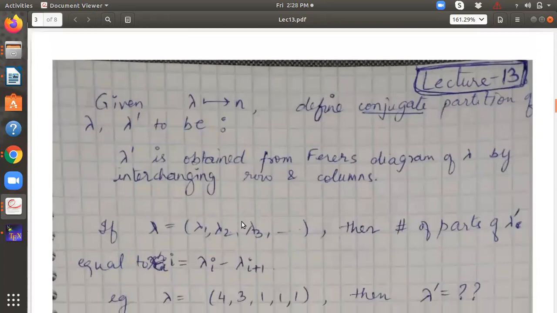So this lambda prime, which you obtain from lambda by reflecting it along the main diagonal, is called the conjugate partition of lambda. Lambda was one partition, and the conjugate partition for this lambda is lambda prime. Lambda prime is obtained from the Ferrers diagram by interchanging the rows and the columns.